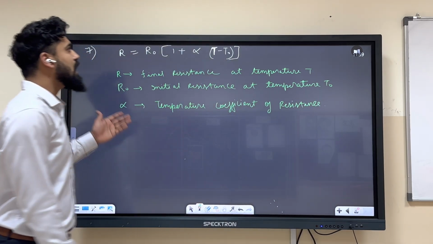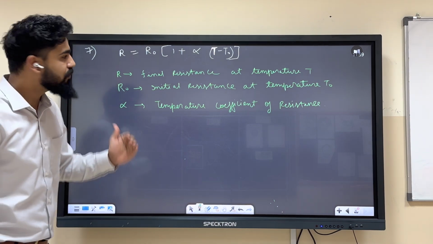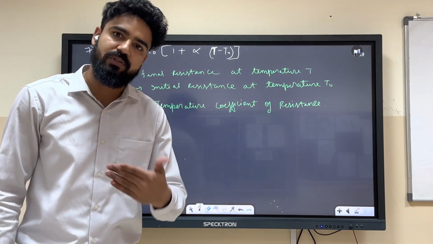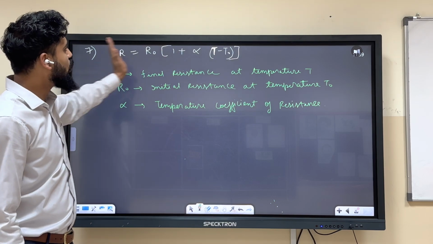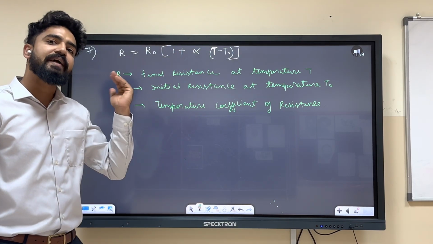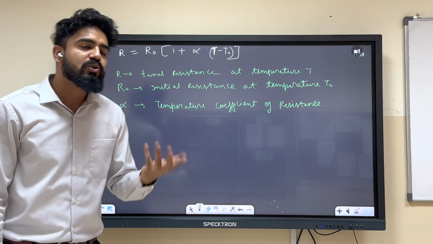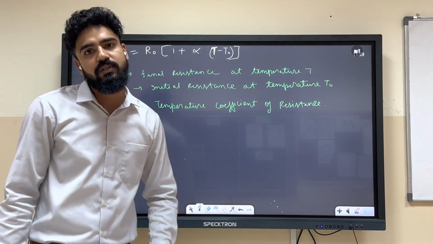Okay. So clearly we can say from this equation, look, for metal, if resistance is increasing, obviously alpha will be positive. Correct? If alpha is positive, the whole equation will increase. If resistance is decreasing with temperature for a semiconductor, obviously the value of alpha, should it be positive or negative, your call.